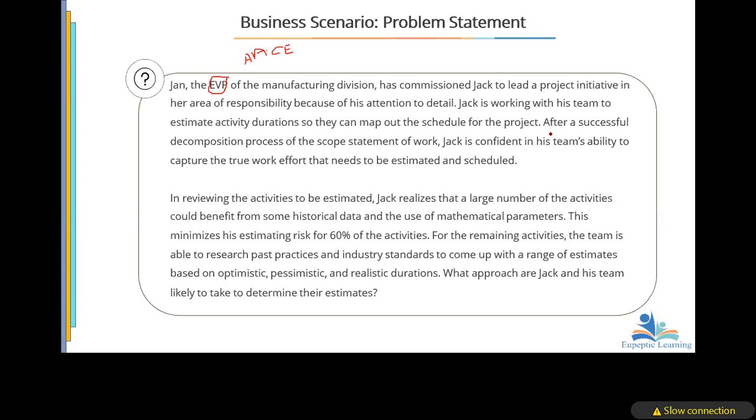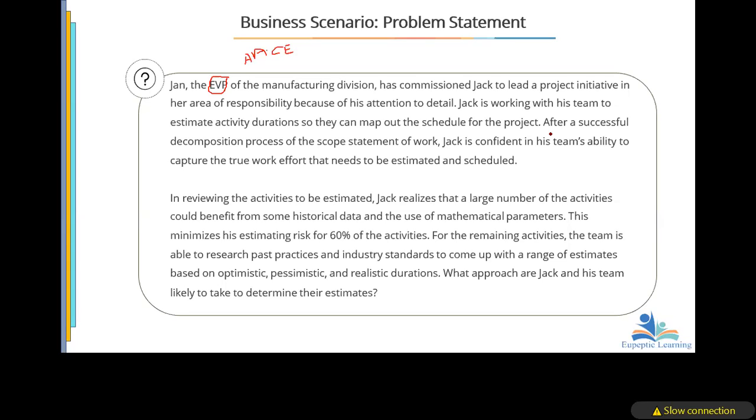In reviewing the activities to be estimated, Jack realizes that a large number of activities could benefit from some historical data and the use of mathematical parameters. So here you can really look at what type of estimating we are talking about. What do you think here? Historical data and the use of parametric estimating. Exactly, parametric. This minimizes his estimating risk for 60% of the activities.